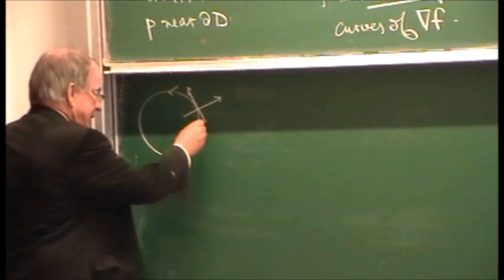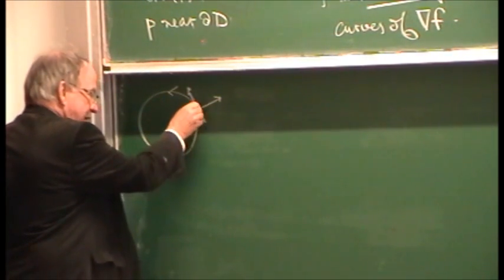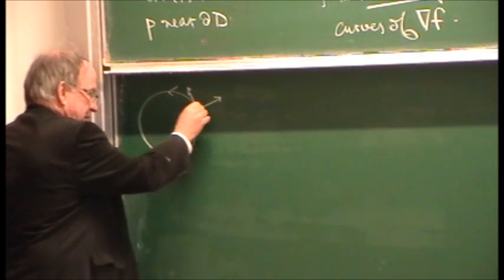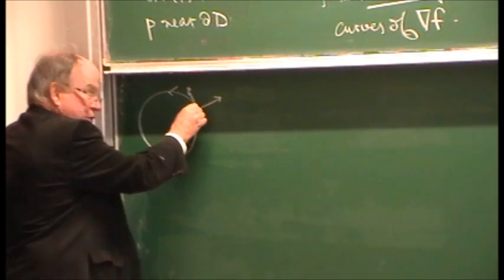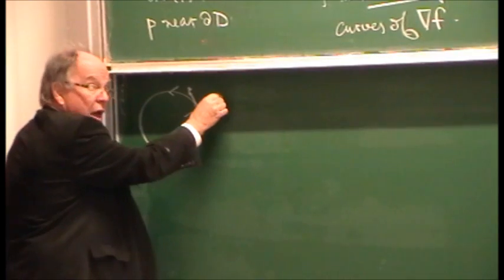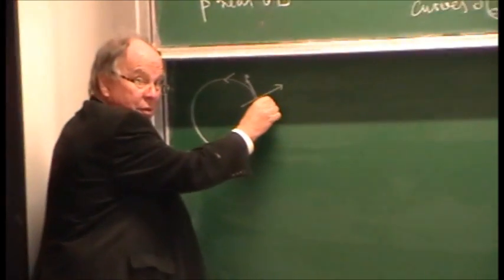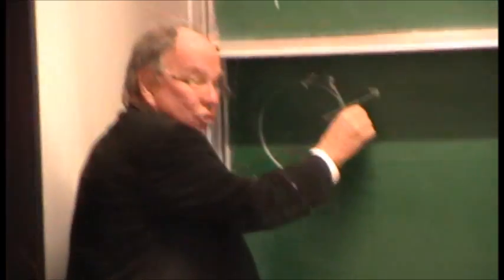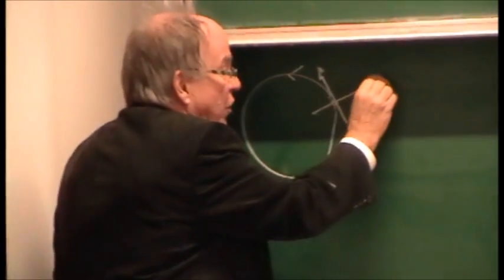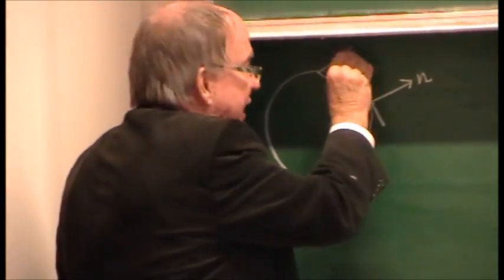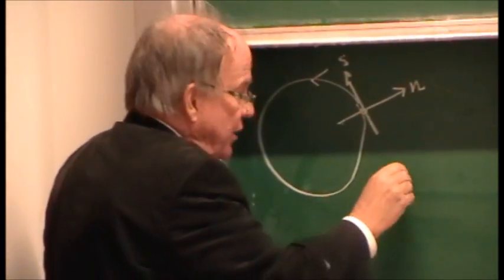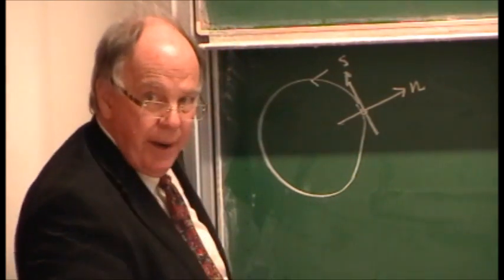Okay. This orientation here is fixed somehow by choosing the orientation going out here. You understand what I'm saying? You will have the normal field and the tangential field should be a positively oriented pair.